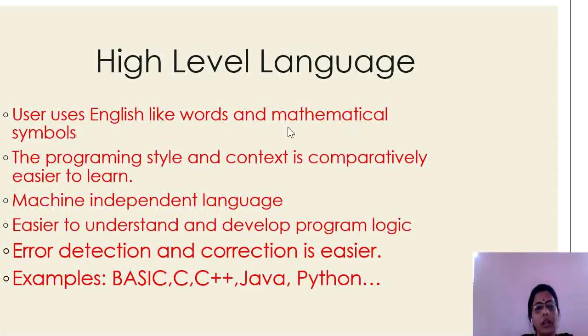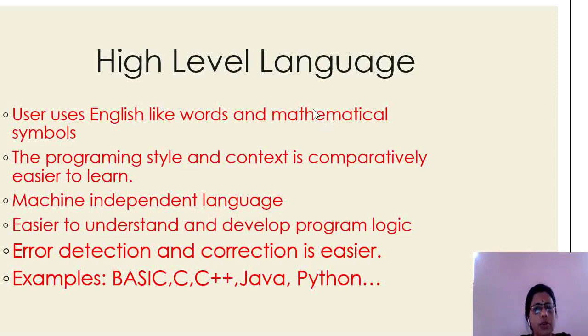English-like words means simple English words. And mathematical symbols means like we have plus, minus, asterisk for multiplication, division. So all these mathematical symbols were also used in high-level language.